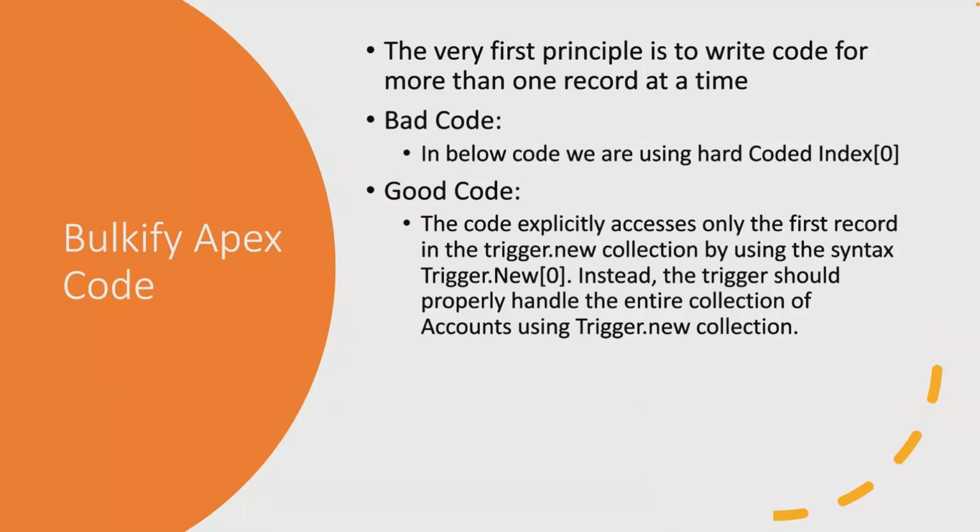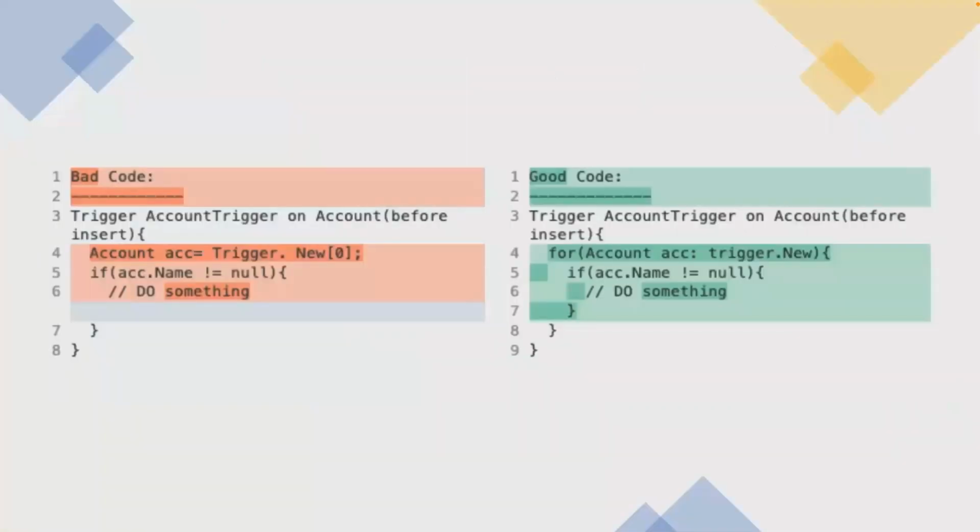Instead of hard-coding any index, we have to loop over a collection. As you can see, there is bad code and good code.